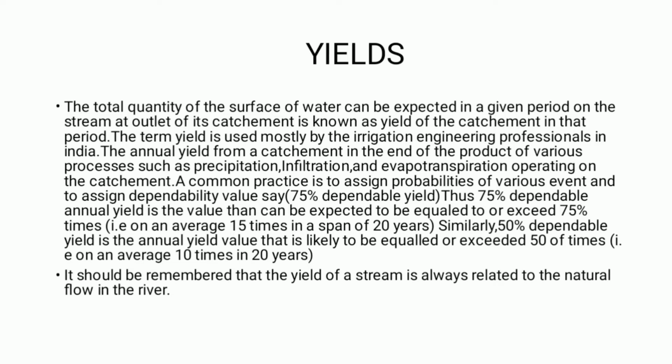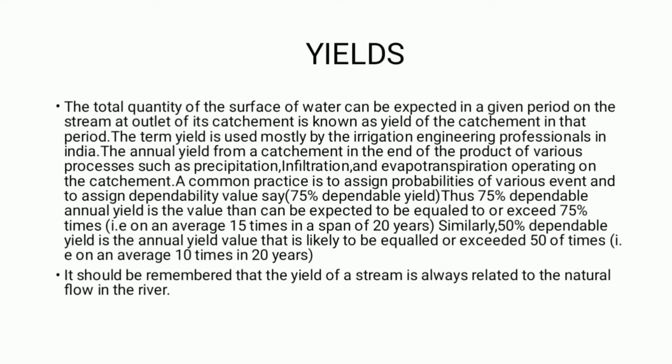A common practice is to assign probabilities to various events and to assign dependability values, say 75% dependable yield. Thus, 75% dependable annual yield is the value that can be expected to be equaled or exceeded 75% of the time, on an average 15 times in a span of 20 years.